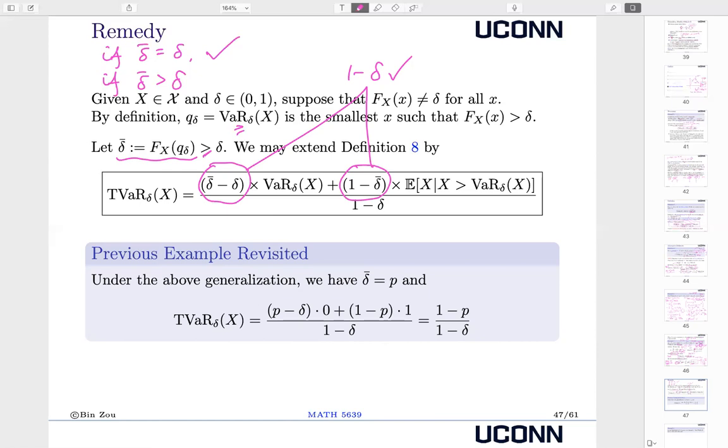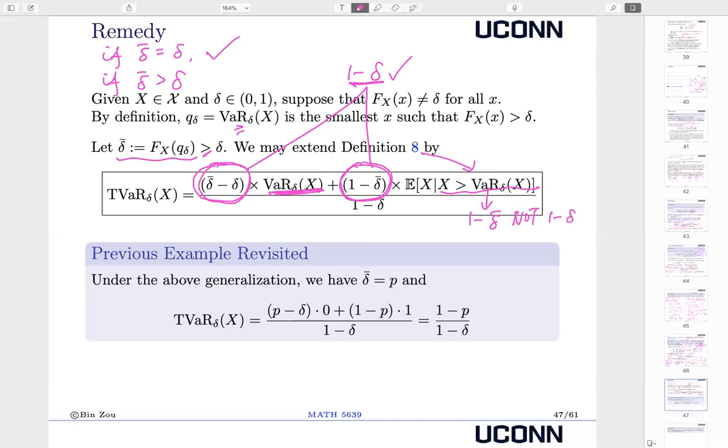But because I have a jump, what I get is 1 minus delta bar, which is less than this number. So I will need to compensate for exactly this level, because by definition 8, I need X greater than this, and that is not enough. This part actually leads to 1 minus delta bar, not 1 minus delta.